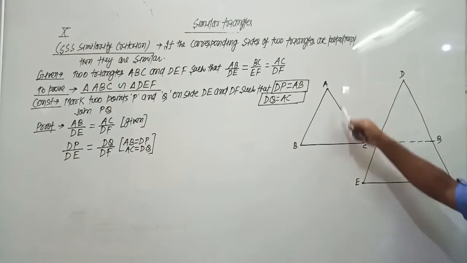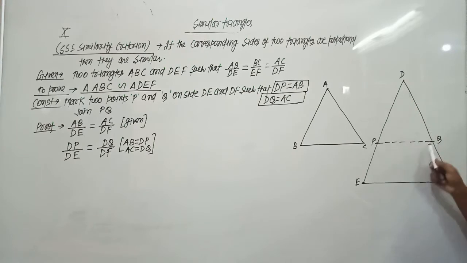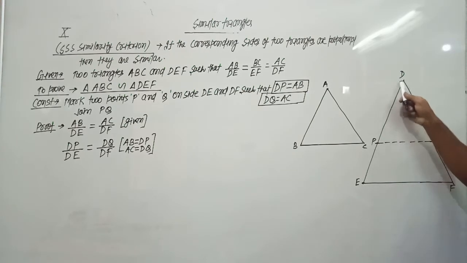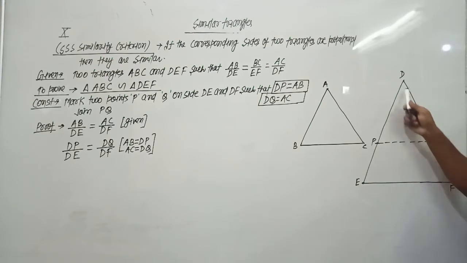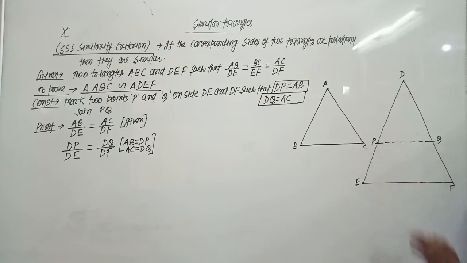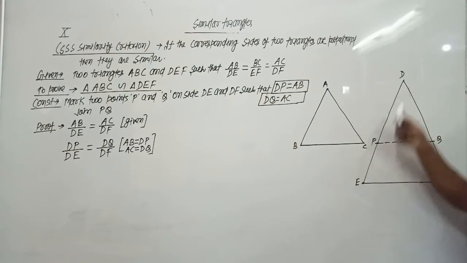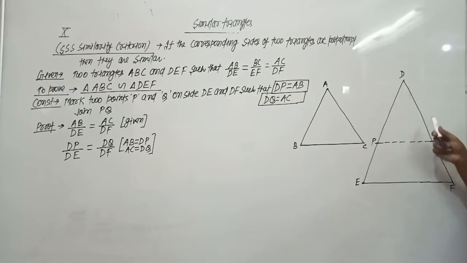And in place of AC we have written DQ. So we get the result DP upon DE equals DQ upon DF.